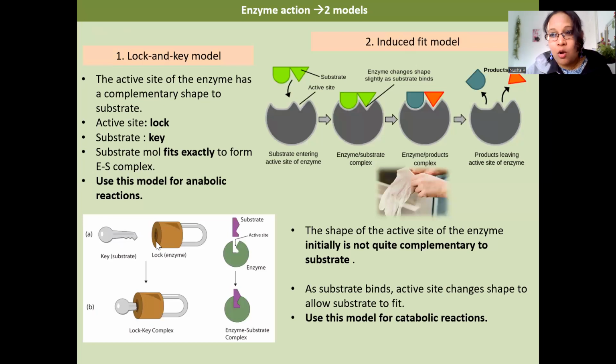Locks have a very specific shape and only one kind of key will fit in the lock. In the same way, according to the model, the substrate fits exactly into the active site of the enzyme to form the enzyme substrate complex.